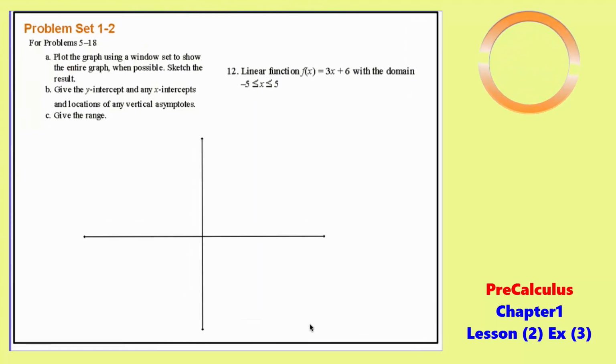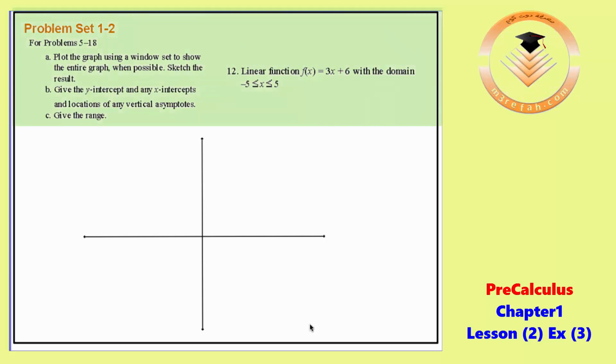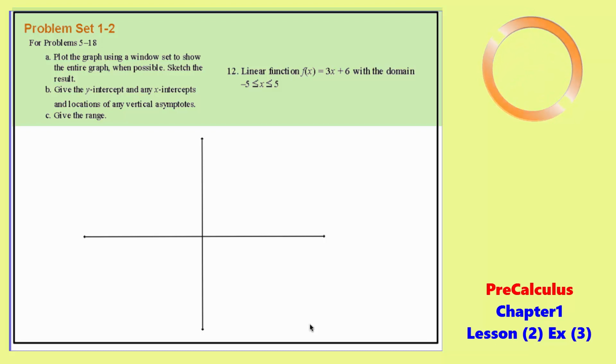The example that you can see here is taken from problem set 1-2 in your pre-calculus with trigonometry book. This problem is actually for problems 5 to 18. I've selected number 12 as the first example.